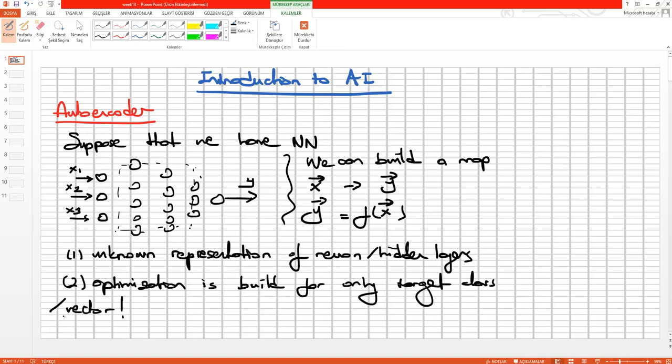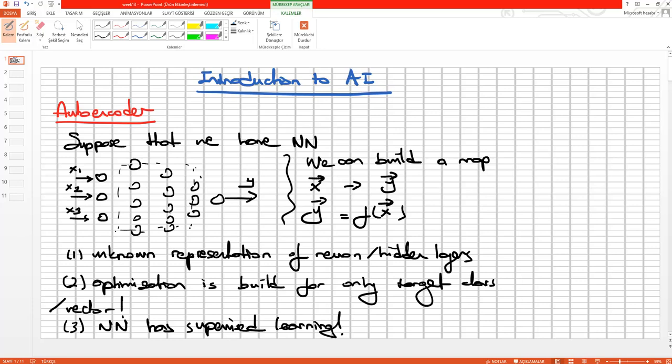Because if we have the x vector in here, we can only produce the y vector, nothing more. This neural network structure has the property of supervised learning, which means that it is only applicable if we have the y target values.